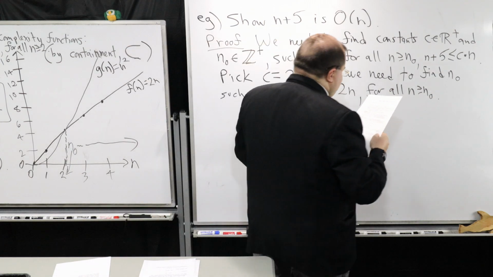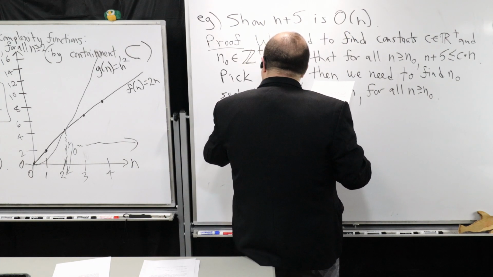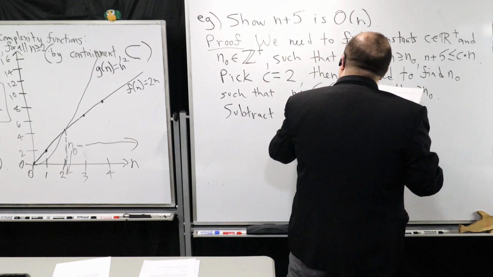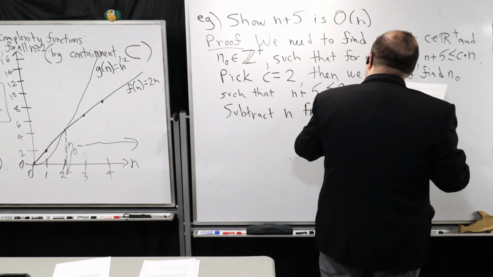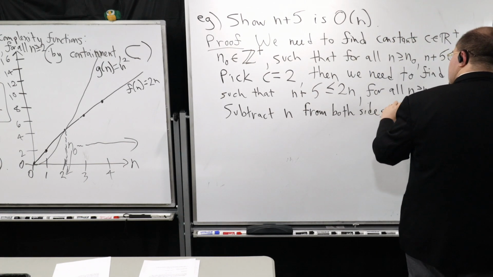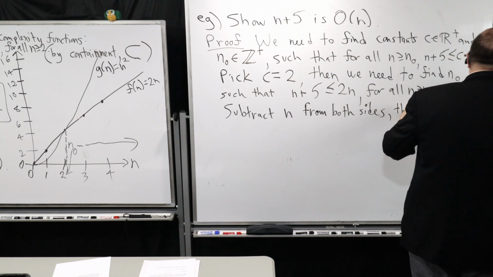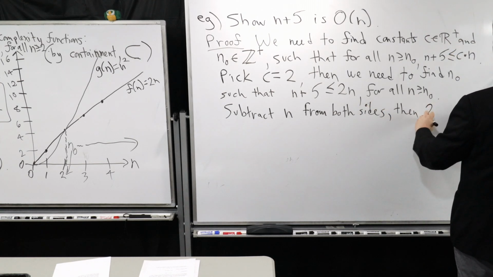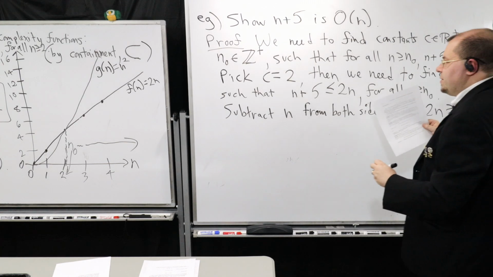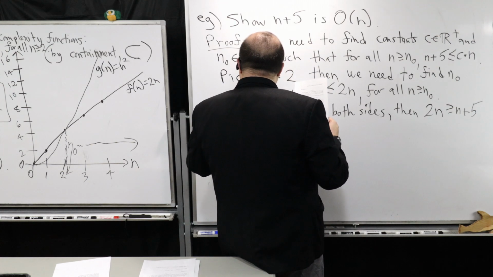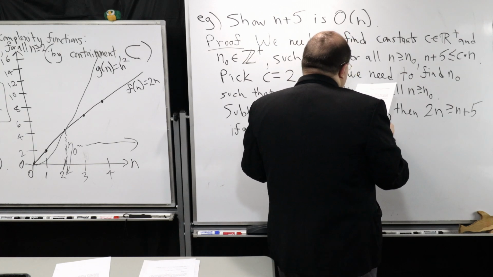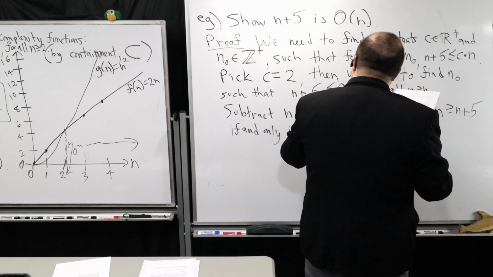A very natural way to do that is to subtract n from both sides. Then 2n is greater than or equal to n plus 5 if and only if n is greater than or equal to 5.